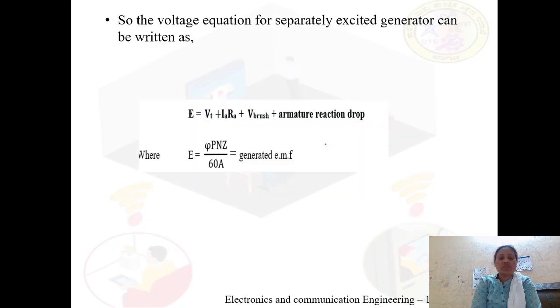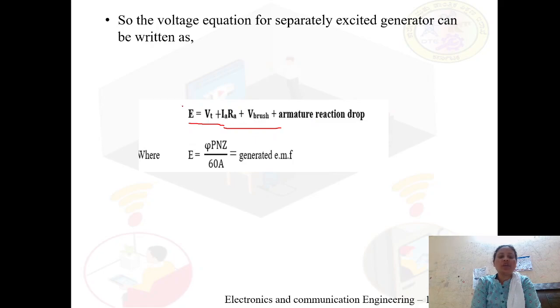So the expression for EMF can be written as E is equal to Vt, that is terminal voltage, plus IA into RA, the armature resistance drop, plus V brush, plus the armature reaction drop. This is the expression for the EMF induced in the armature. It contains terminal voltage, IA into RA armature resistance drop, V brush voltage drop, and armature reaction drop.